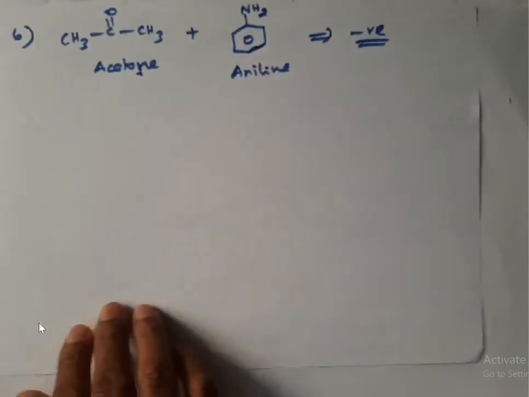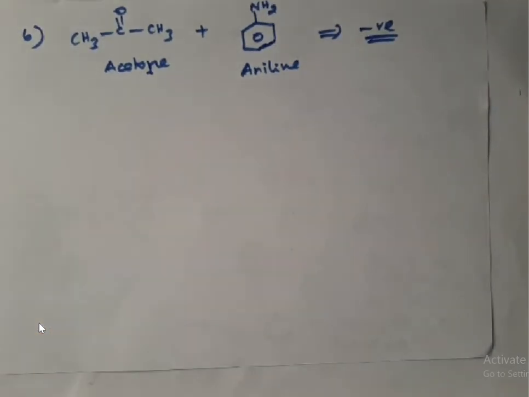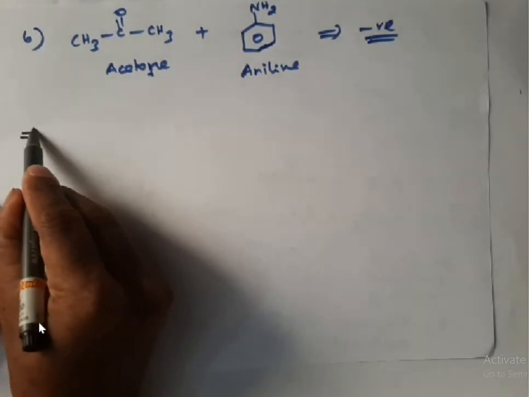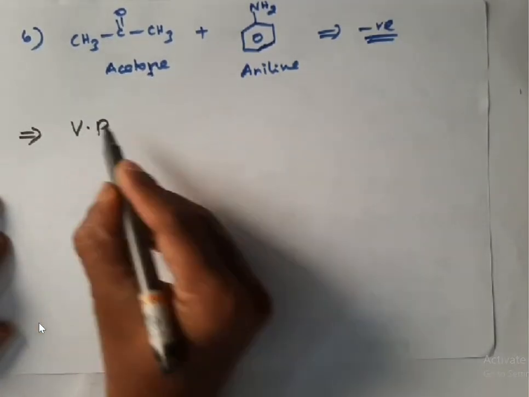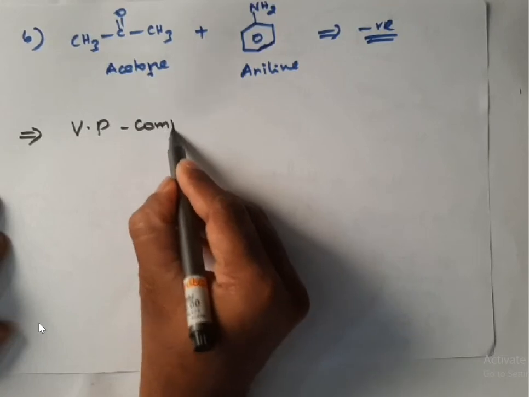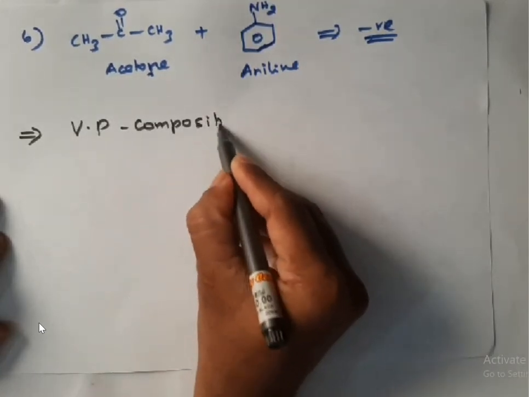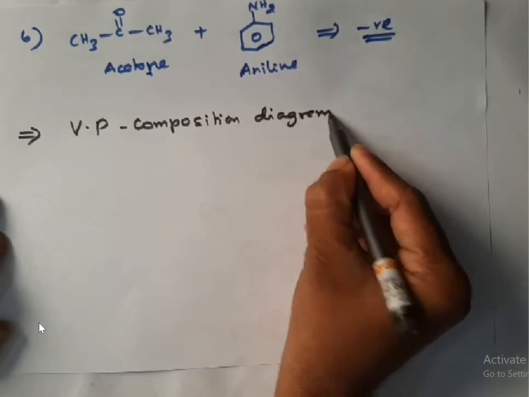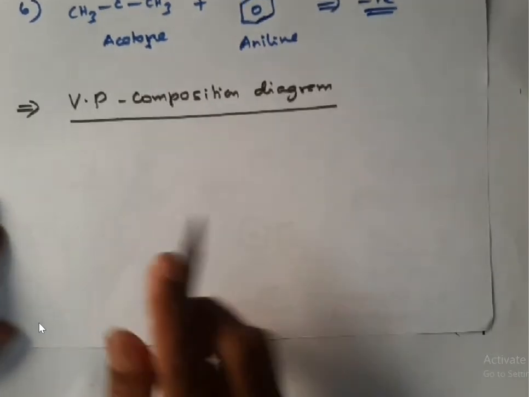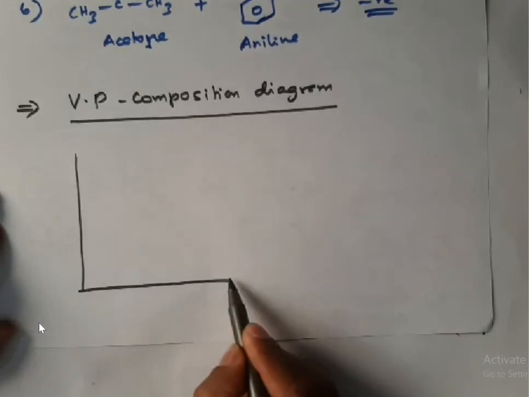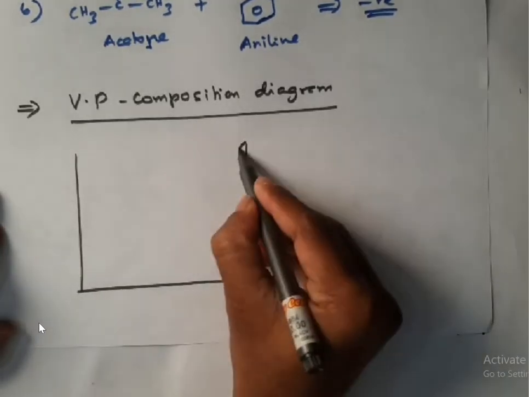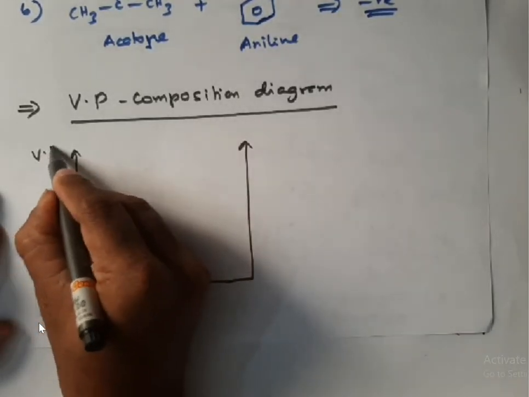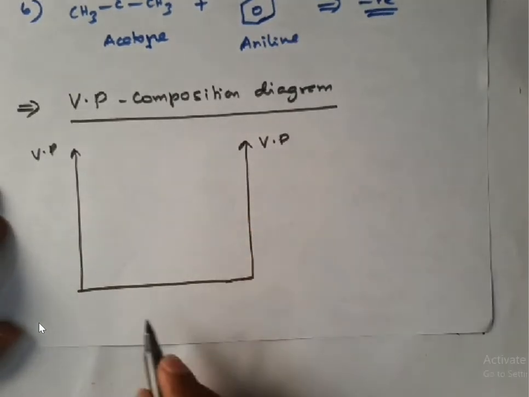Now let me show the vapor pressure composition diagram for a solution showing negative deviation. Vapor pressure composition plot. I'll take vapor pressure on the y-axis, and composition.